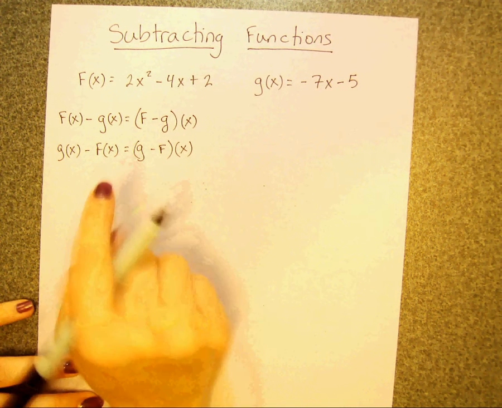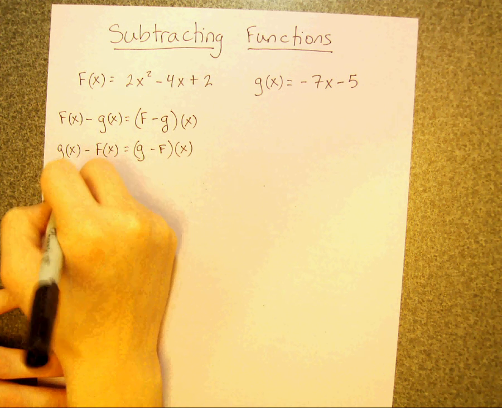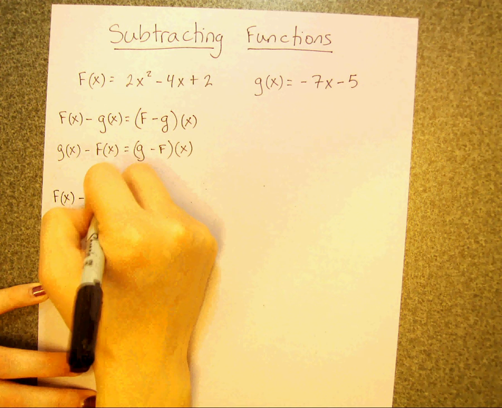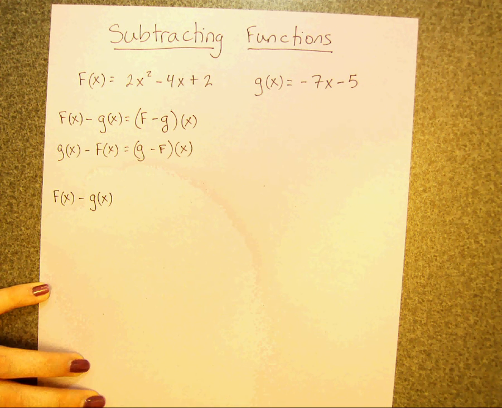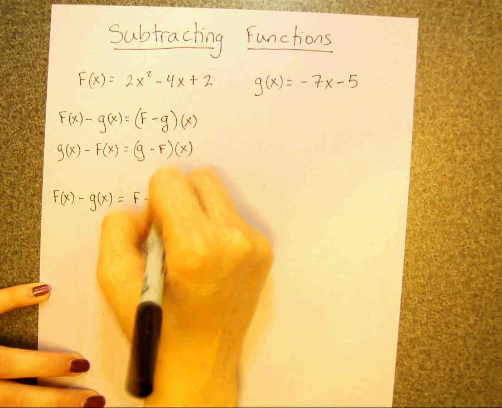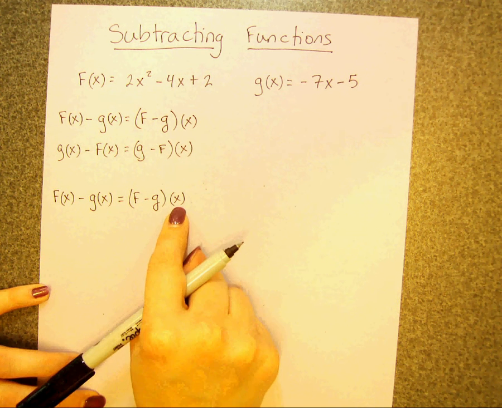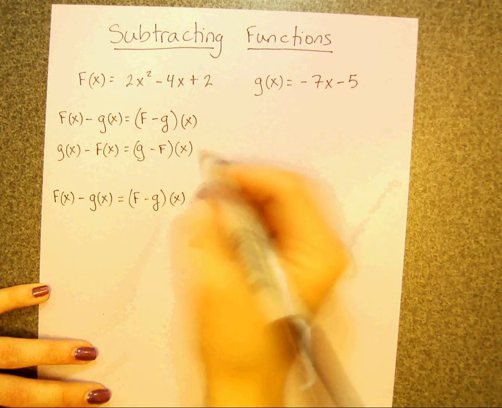So let's do f of x minus g of x. Remember, that's the same thing as f minus g of x. I am not multiplying by this x, it's just part of my notation.